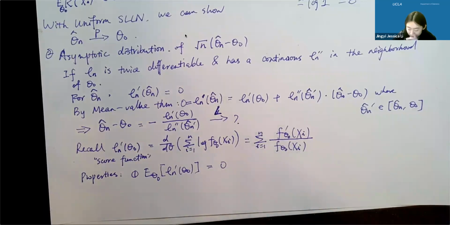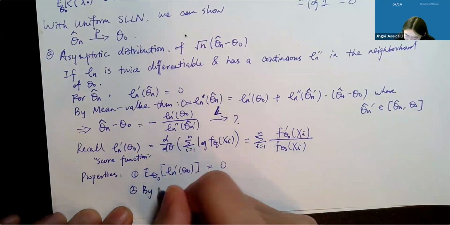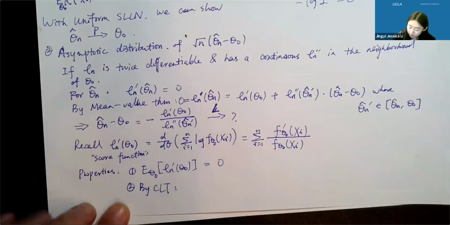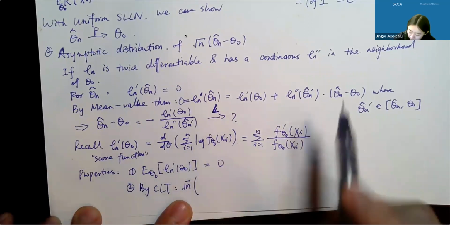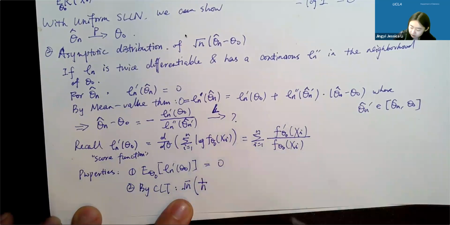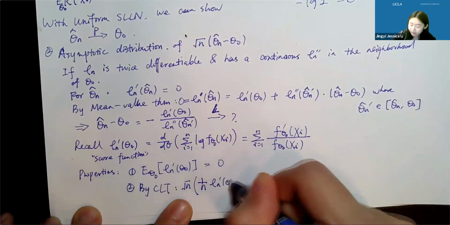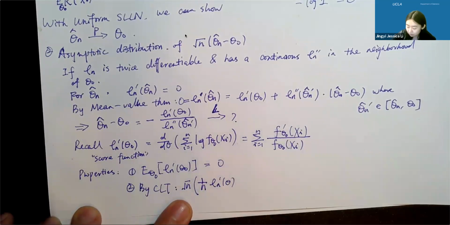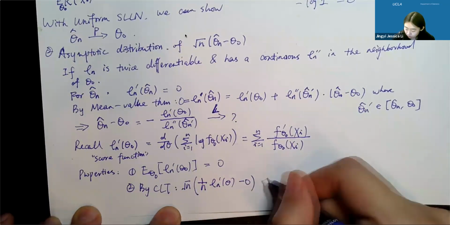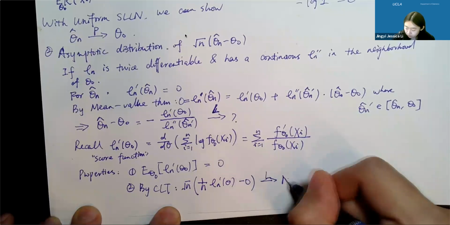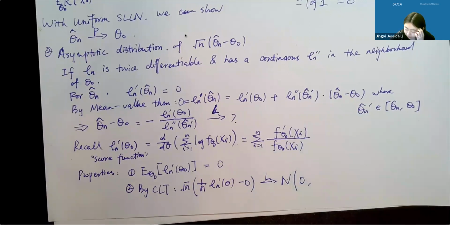Therefore, by the central limit theorem, which I can apply, root n times 1 over n times this term, minus its mean, which is 0, would converge in law to a normal distribution with mean 0. And the variance is what?